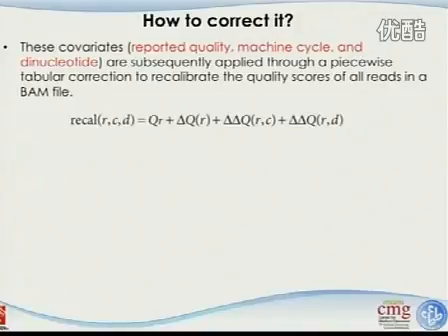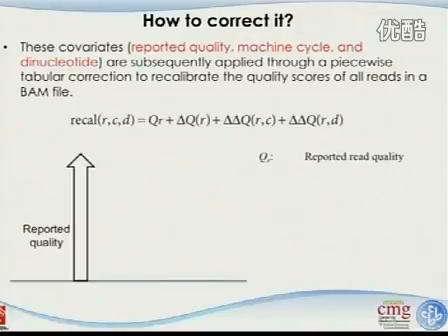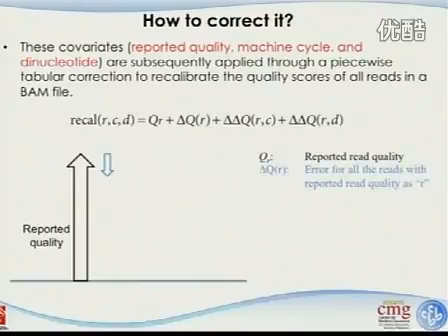So let me explain what I understand here. If this is the reported quality, let's say 40 or things like that, on the Illumina platform. The first one is QR, the reported quality, and this delta R, which is in the equation, is the error for all the reads with reported quality as R. Meaning that if they reported 30 as a quality, I'm looking at all the reported 30 reads and what the empirical quality is.